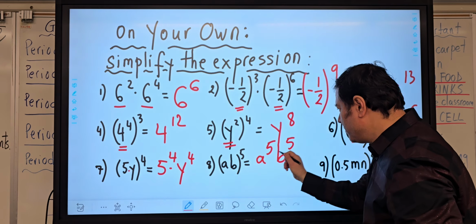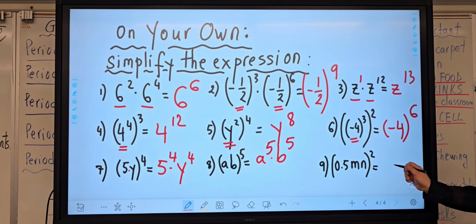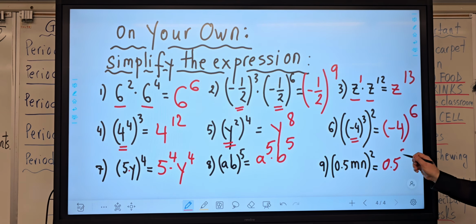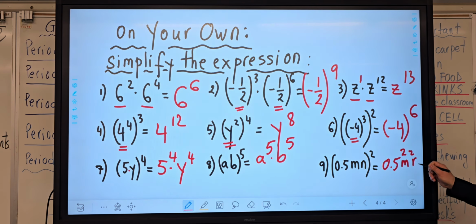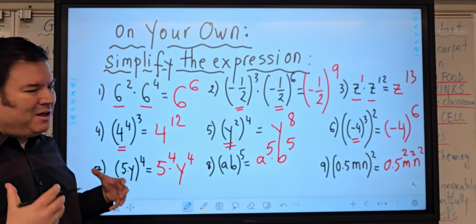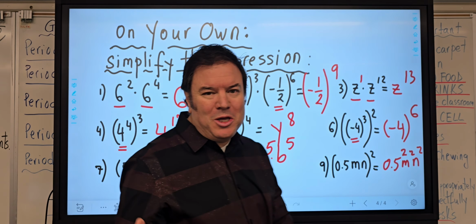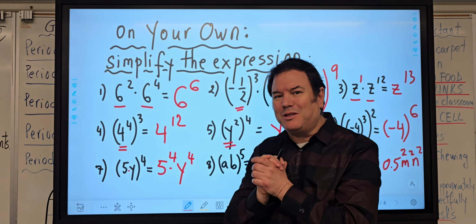B to the power of 5, final answer. And finally here we have 0.5, the first base, 0.5 to the power of 2 times m to the power of 2 and times n to the power of 2. I hope you got the same answers, and I hope now you are proficient using those 3 properties we discovered yesterday by doing inductive reasoning.